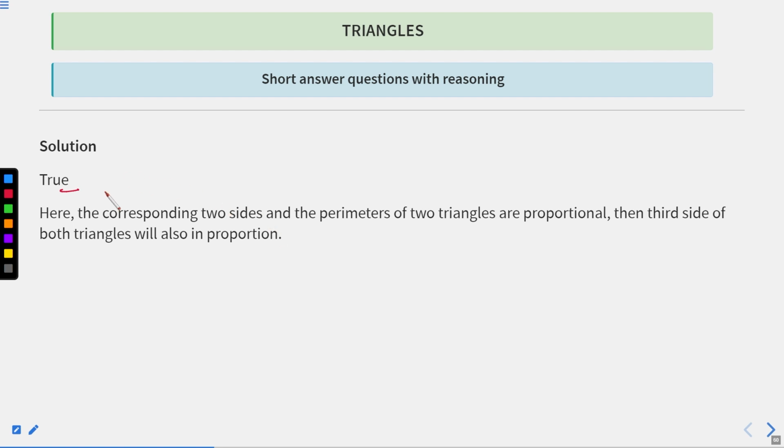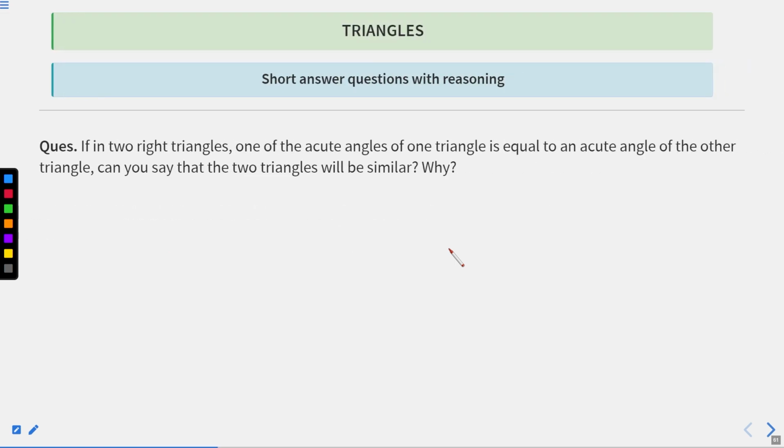Here the corresponding two sides and the perimeters of the two triangles are proportional, then the third side of both triangles will also be in proportion. So this statement is basically true since the corresponding two sides and the perimeters of the two triangles are proportional, then the third side of both triangles will also be in proportion.